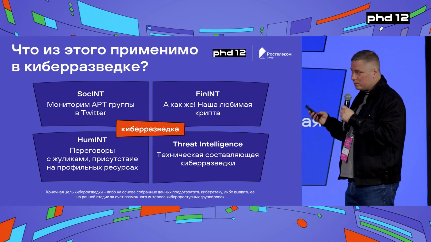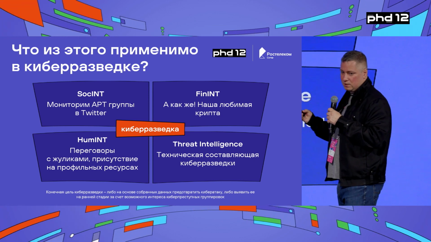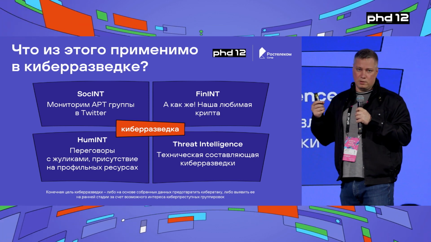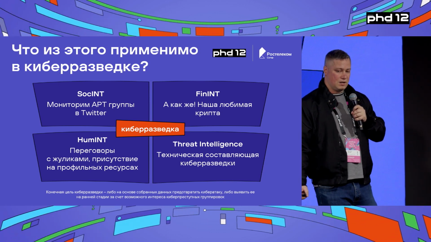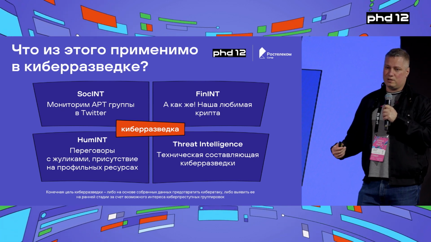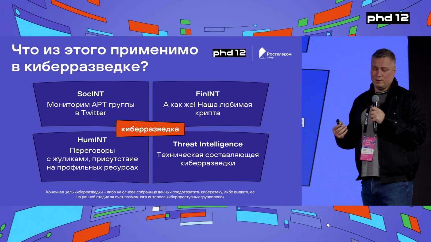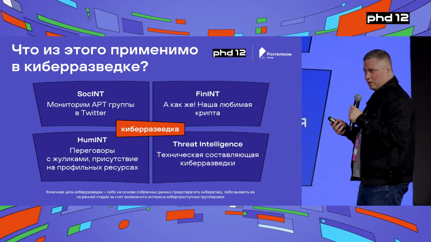What is part of cyber intelligence, of the things I have mentioned? That's quite straightforward. We start with the social part of it. Monitoring Twitter, monitoring any other social media, where the fraudsters boast of their achievements or announce their future feats.